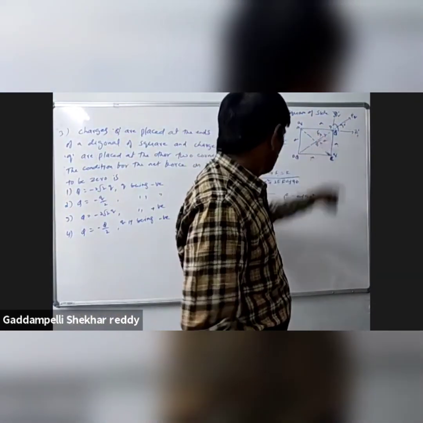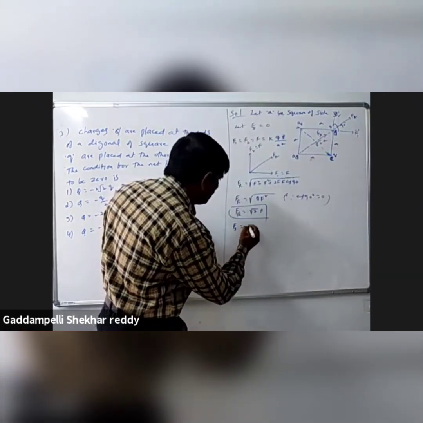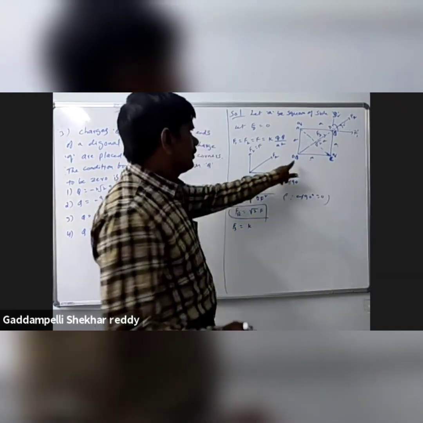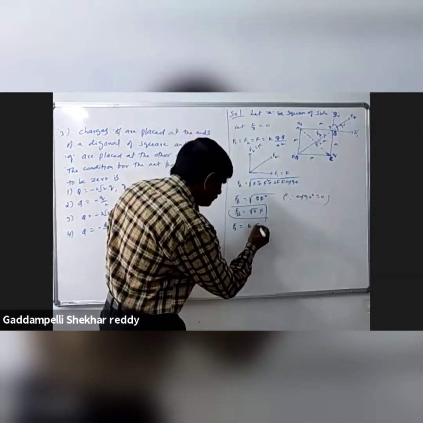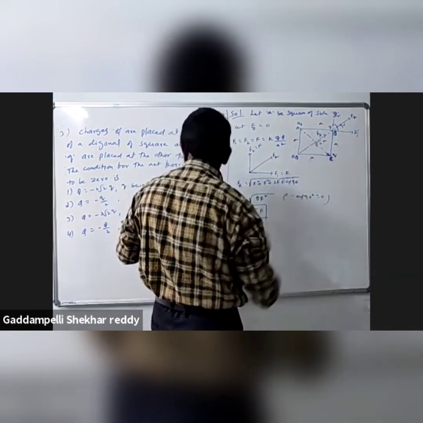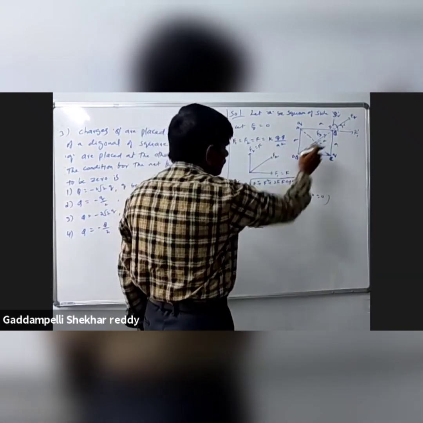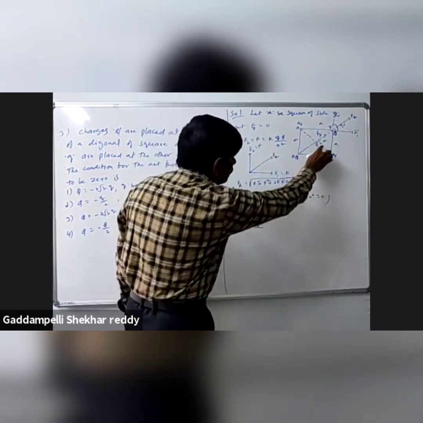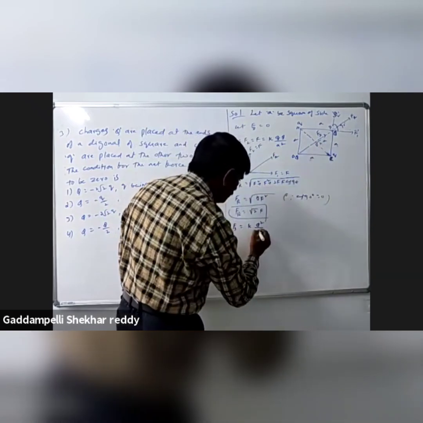So next, another force. F3 is equal to K, first charge how much? Q. Next charge how much? q. Q q divided by the distance squared. What is the distance? Root 2 a. Substituting the distance, root 2 a whole square, that means root 2 whole square is 2, remaining a square, 2a square.